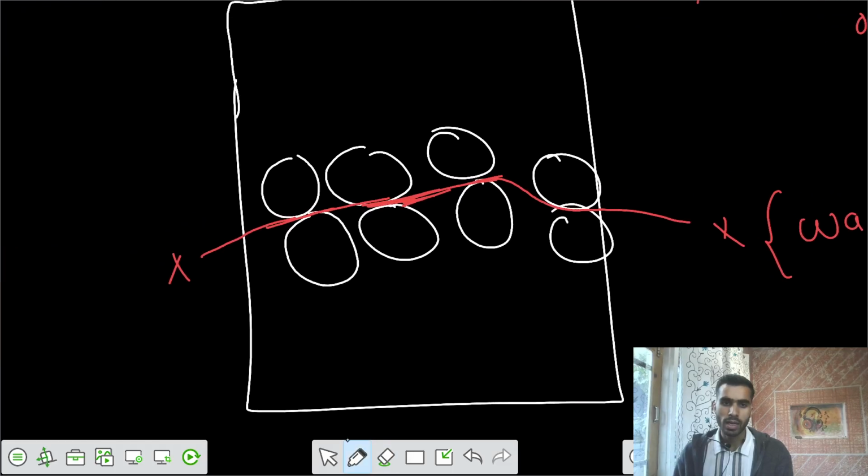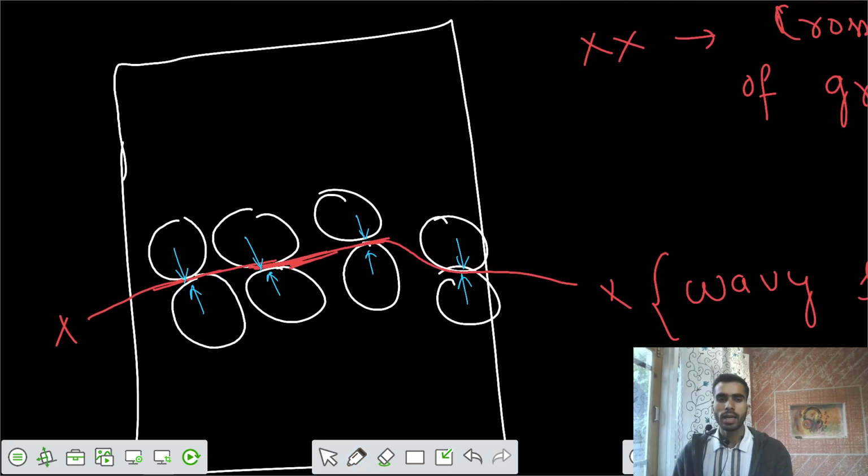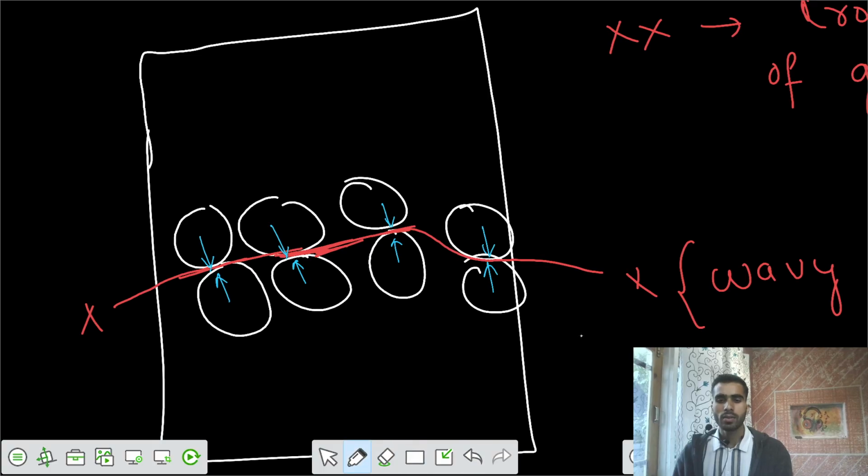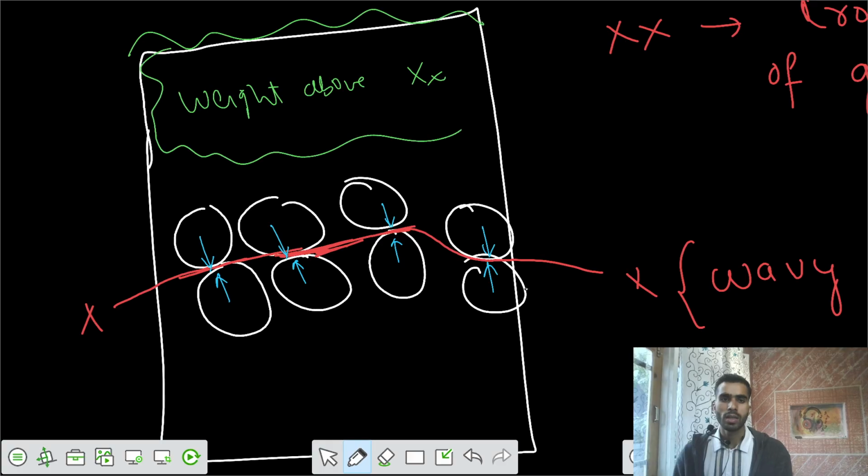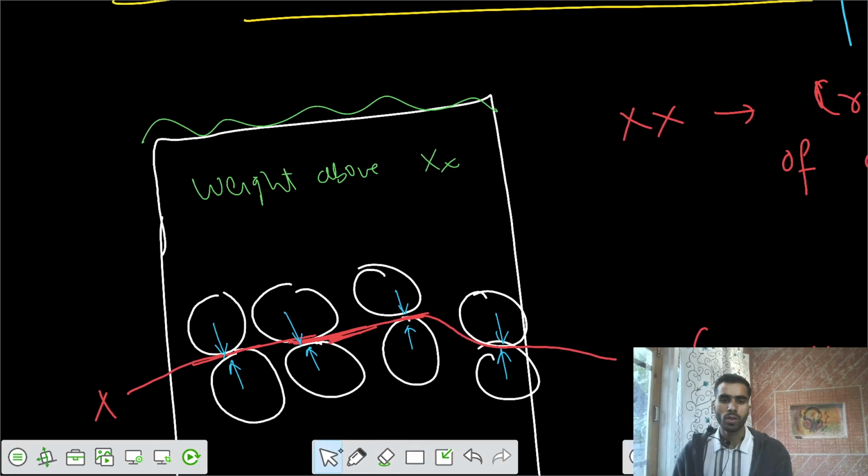Let's say this is the total weight above the cross section. There's some surcharge of Q also, and the weight of the soil above.